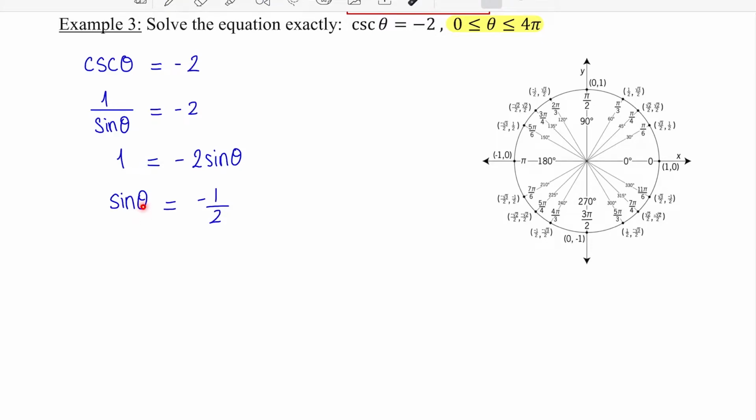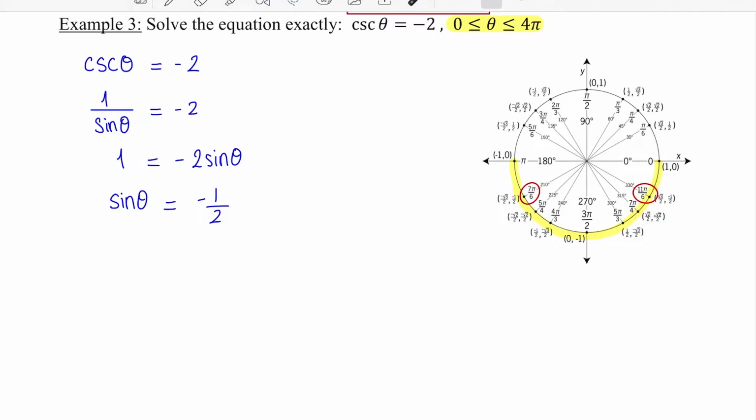From here, I'm looking for the angle theta, so that sine of that angle equals negative 1/2. Sine is negative when the angle is in the third and the fourth quadrant. When theta is 7 pi over 6, sine is negative 1/2. And when theta is 11 pi over 6, sine is also negative 1/2.